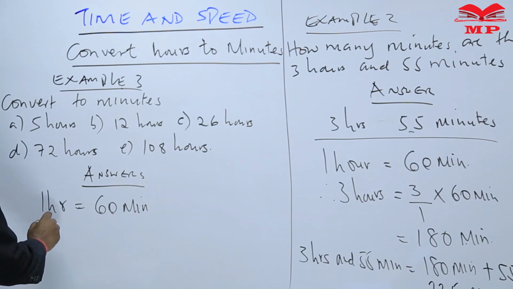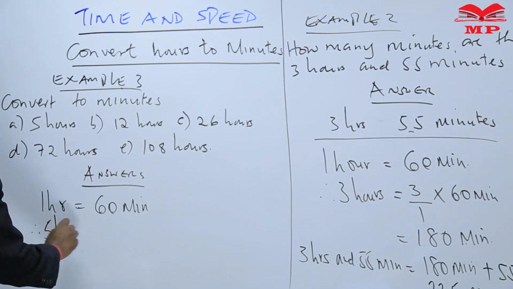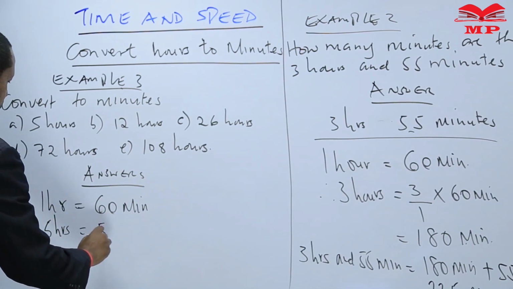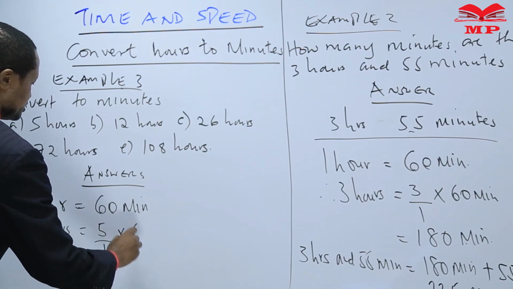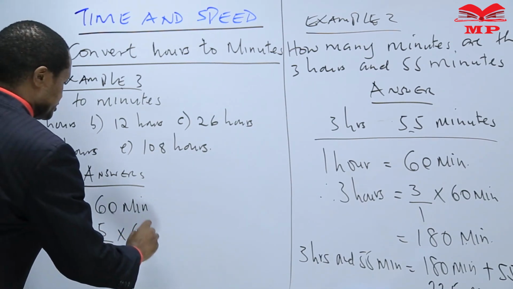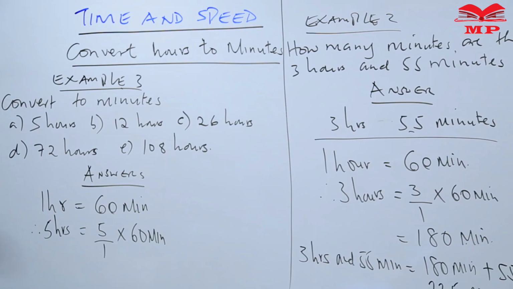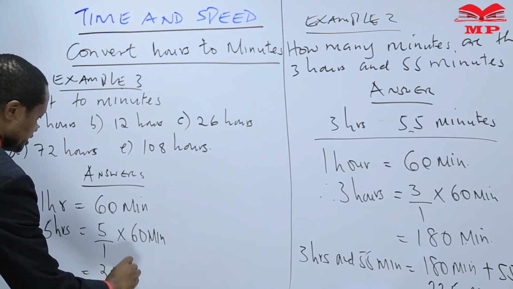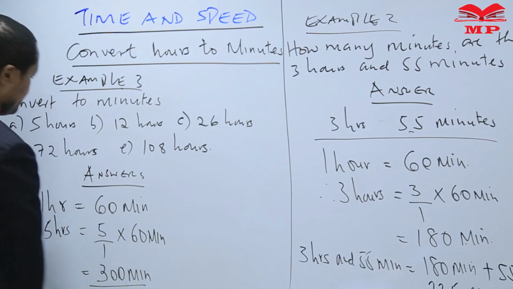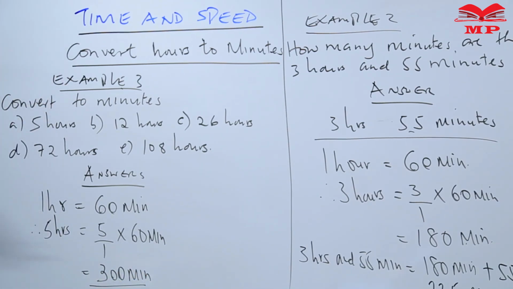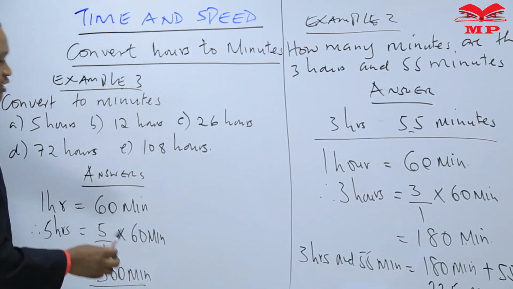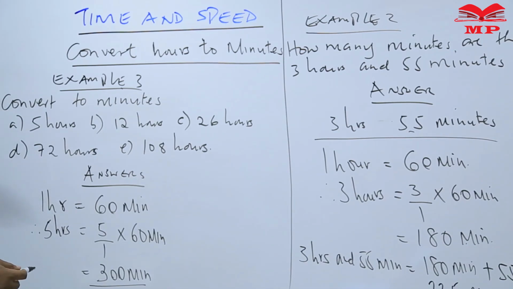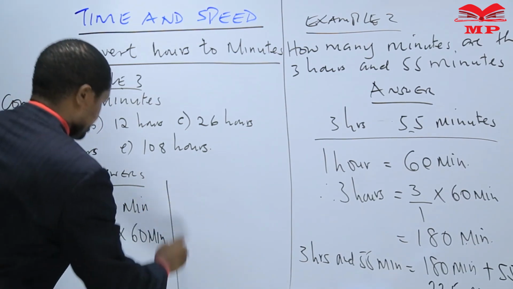Therefore 5 hours will be equal to 5 over 1 times 60 minutes, which is equal to 300 minutes. So 5 hours is equal to 300 minutes. This is A.